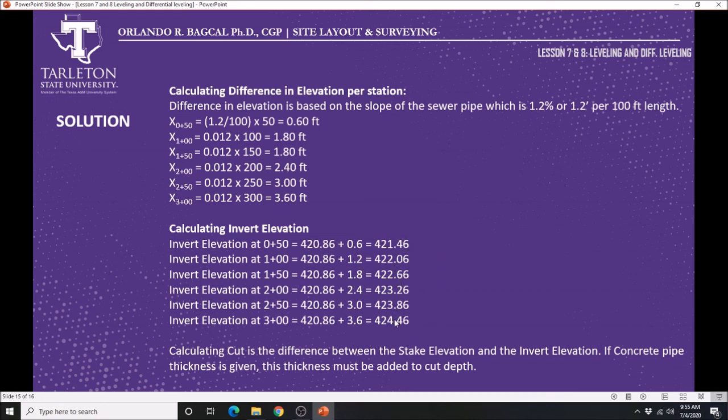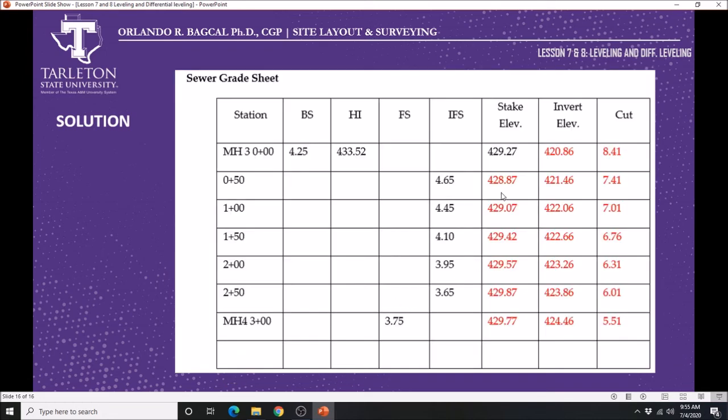Okay. All right, so calculating cut is the difference between the stake elevation and the invert elevation. If concrete pipe thickness is given, the thickness must be added to the cut depth. So how do we do that? So there is a stake elevation. If there is a backside, these are given.